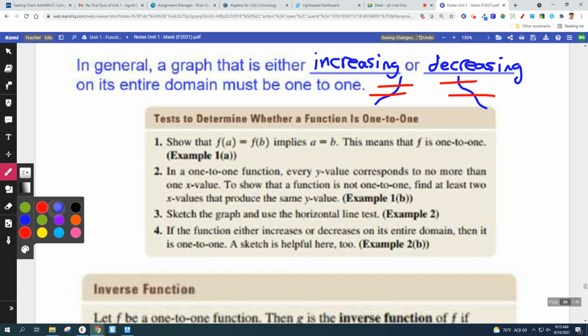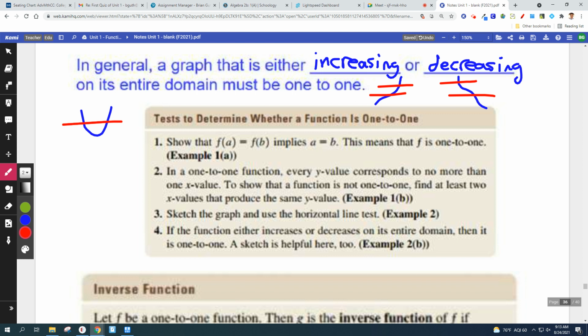As soon as it decreases and then increases, as soon as it turns like that, it's no longer going to pass that horizontal line test, and so that one's not going to be a function. So if it's all increasing or it's all decreasing, you're fine. It's one-to-one, and it's going to have an inverse.